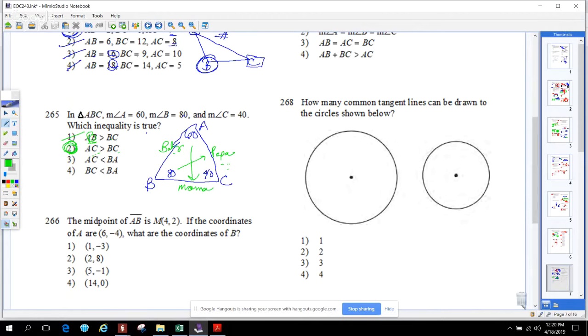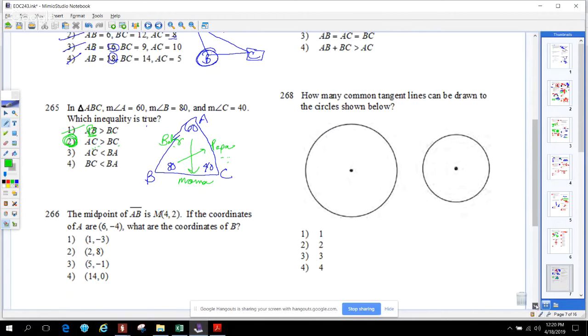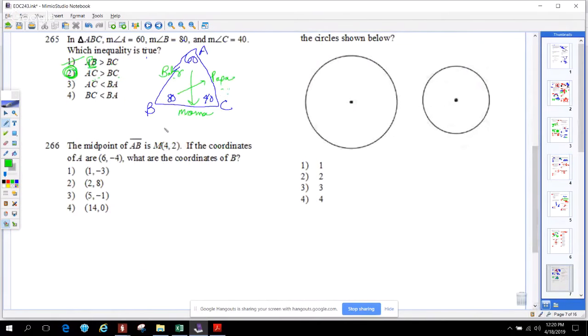Going on to number 266. It tells you we have AB, and the midpoint of AB is M. M is listed at 4, 2. A is 6, negative 4, and we want to know how to get to B. So this is not drawn to scale, but let's look at the x to the y.